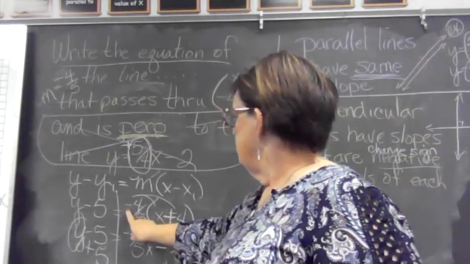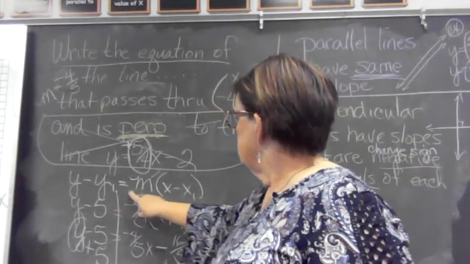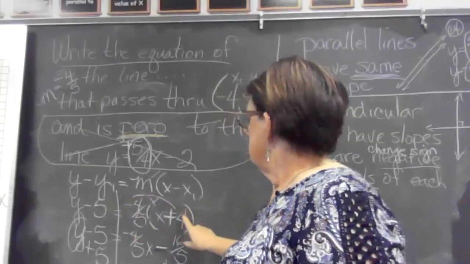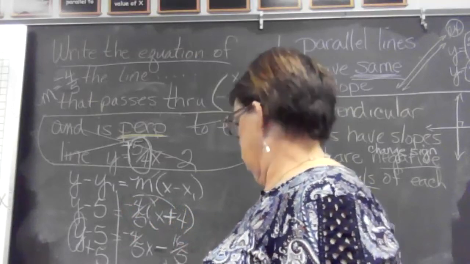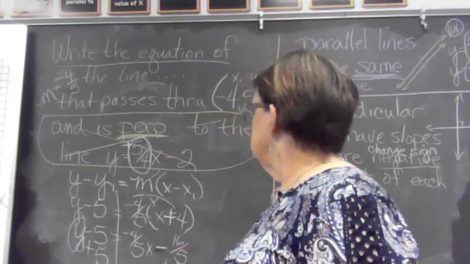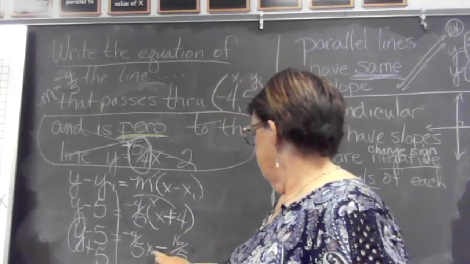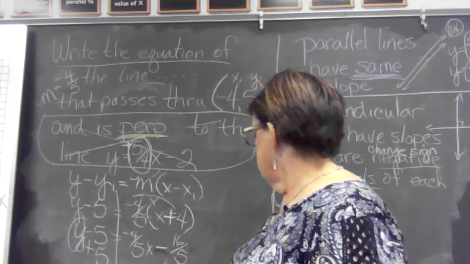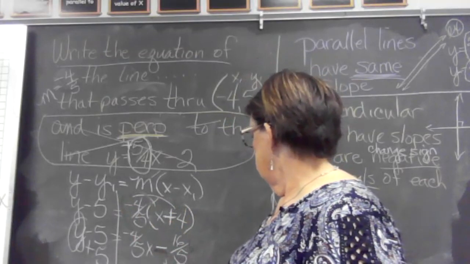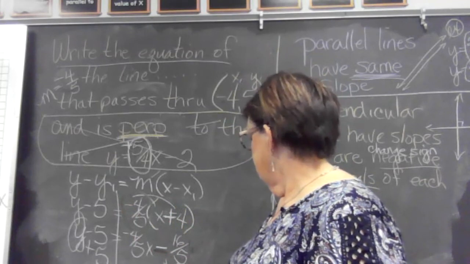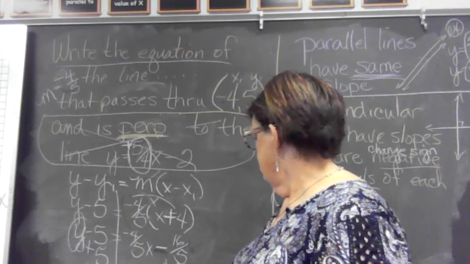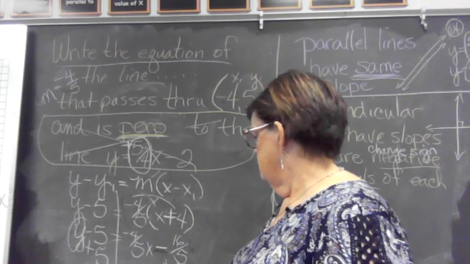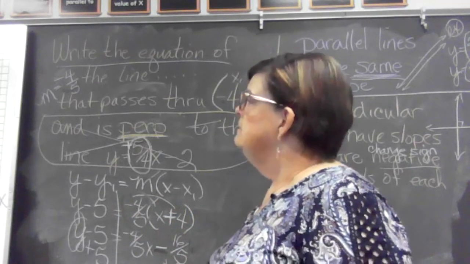So take negative 4/5 times a positive 4. No, not that part. You're adding those two right there. Okay. I don't get that answer. Okay, do a negative 16/5 plus the 5. No, now I got 9/5. Okay. Yes, because I wasn't putting in the negative.